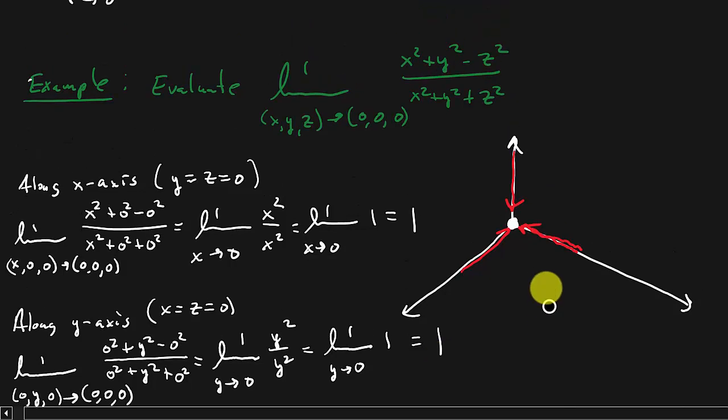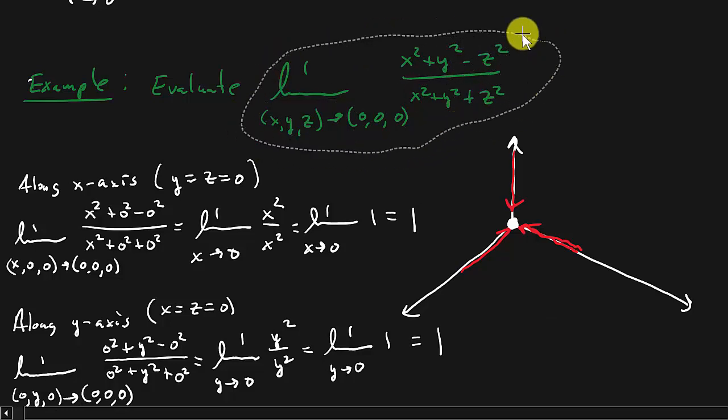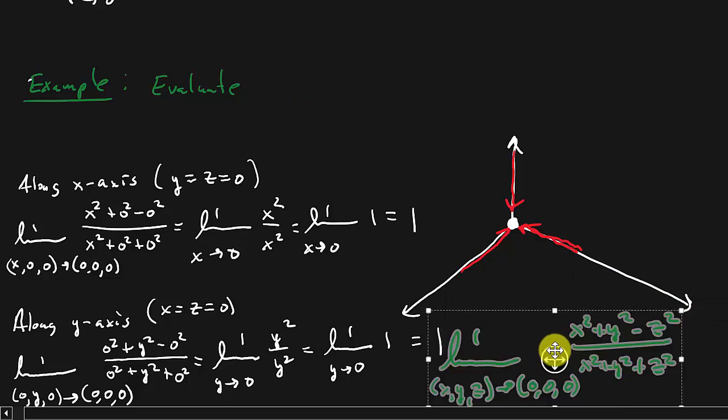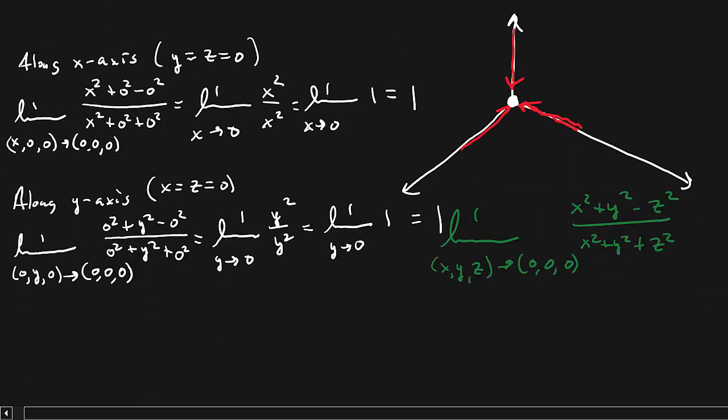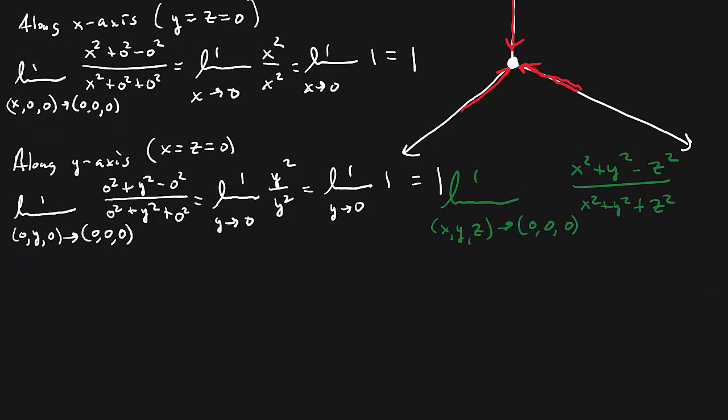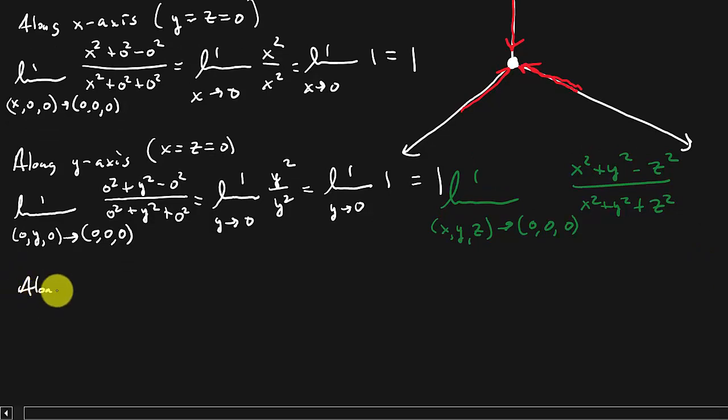All right. So now let's look at going along the z-axis, and I'm going to move this down here so we can see it. All right. So now let's look along the z-axis. So if we come along the z-axis here, that's going to be when x and y are both 0.